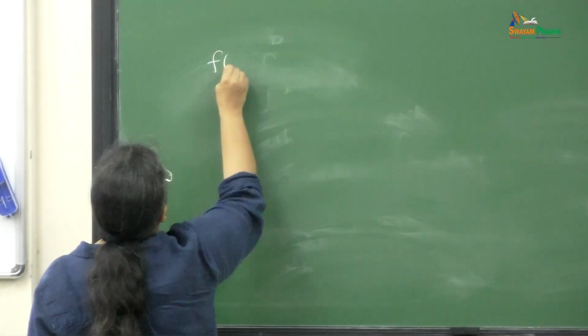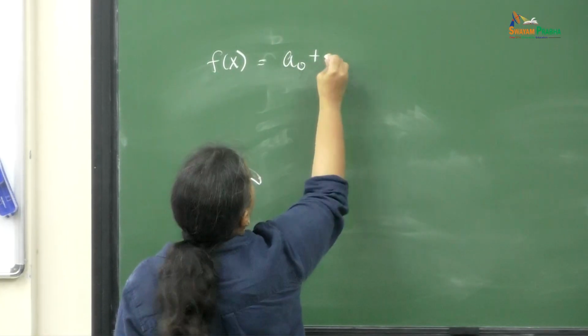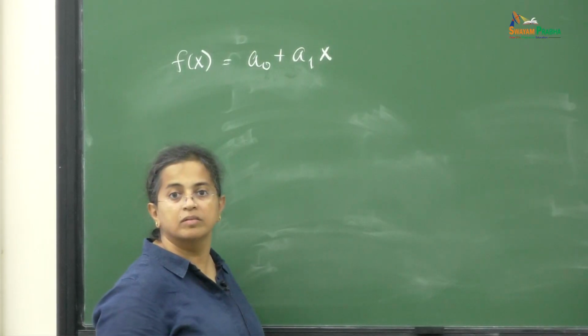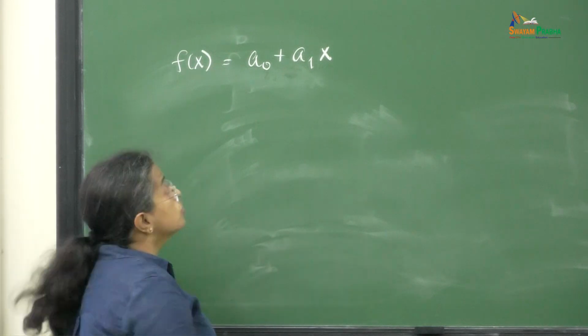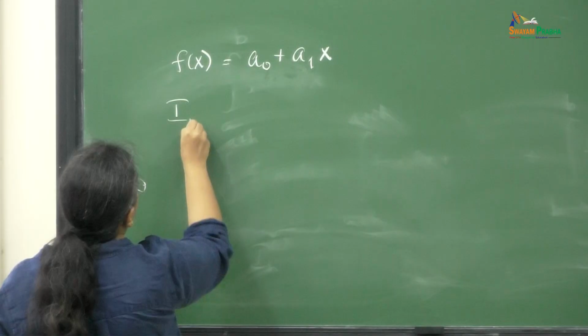Now my f of x is going to be a0 plus a1 x. This is my approximation. So I have some x dependence here. So now I have to plug it into this IH1.